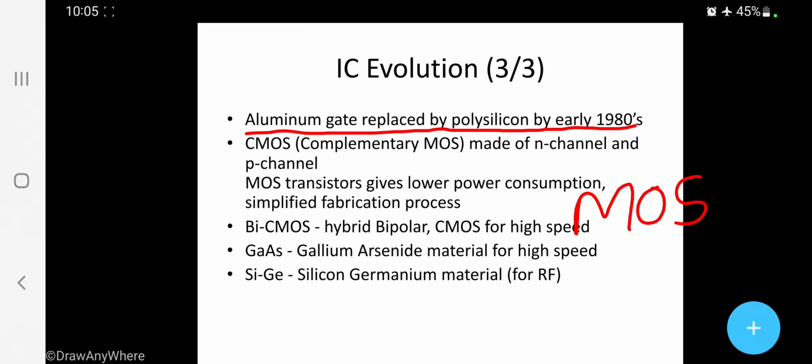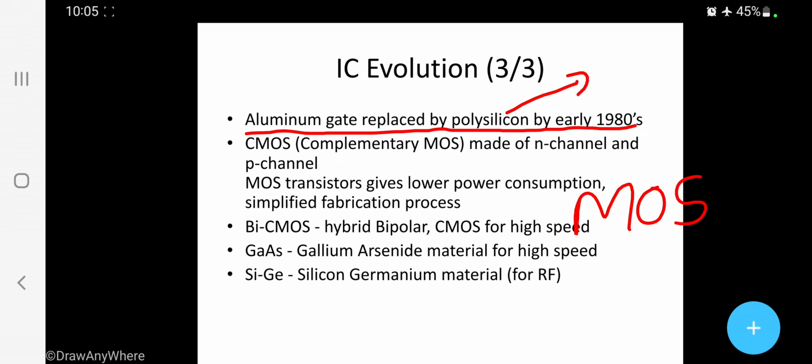Here it is given that the aluminum gate was replaced with polysilicon by the early 1980s. It was because of contact problems and short circuit problems that the metal, aluminum, which used to be there, was replaced by polysilicon.